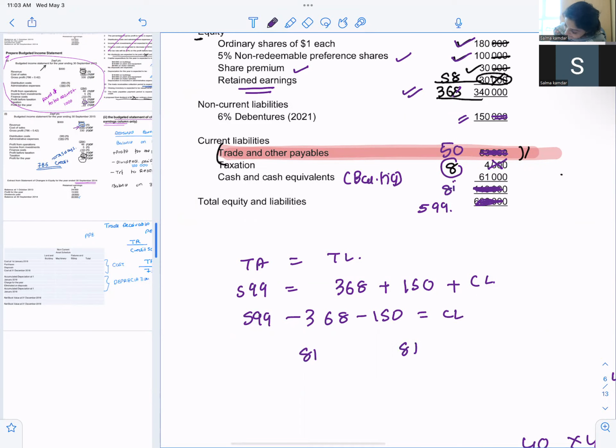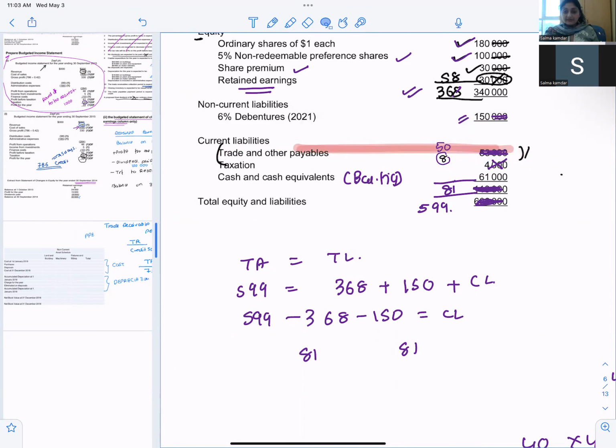If my current liabilities is 81, how much will be my cash and cash equivalent? Go in reverse: 81 minus 8 minus 50. So the cash and cash equivalent will be 23.